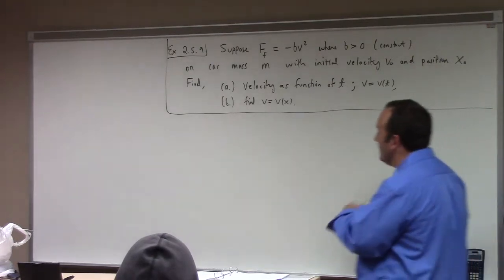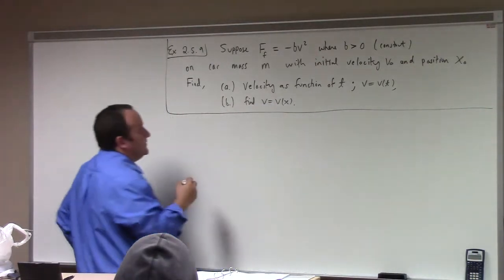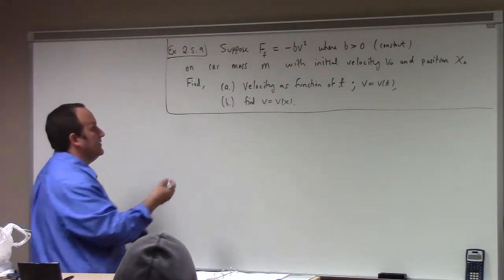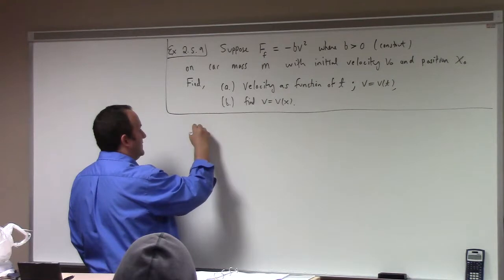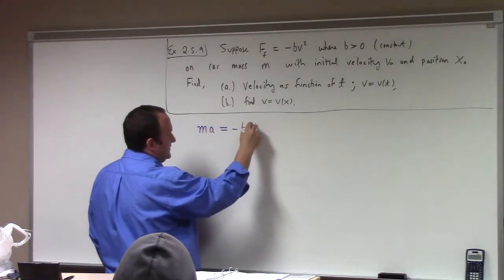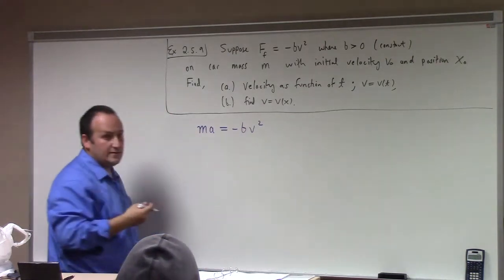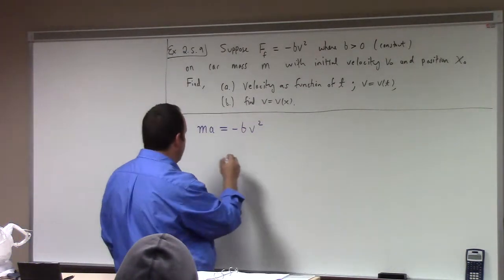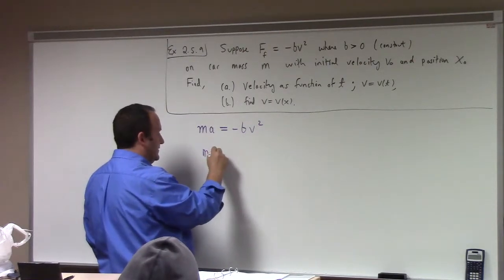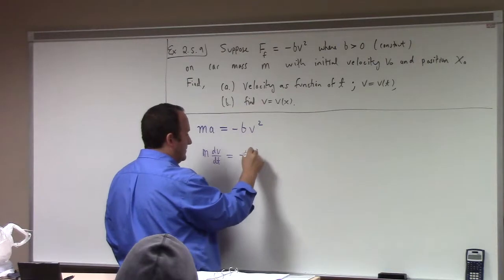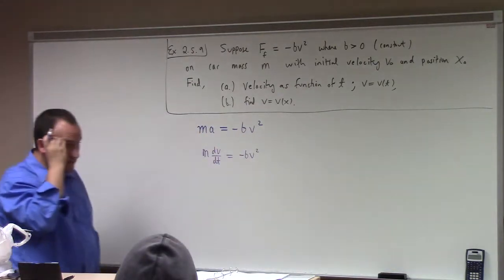So this is a physics problem, and we're assuming that the net force on the car is the force of friction, right? So what we have then is that the mass times the acceleration is equal to minus bv squared. This is Newton's second law, right? But this is also a differential equation. So in particular, we have m dv/dt equals minus bv squared. Okay, great.